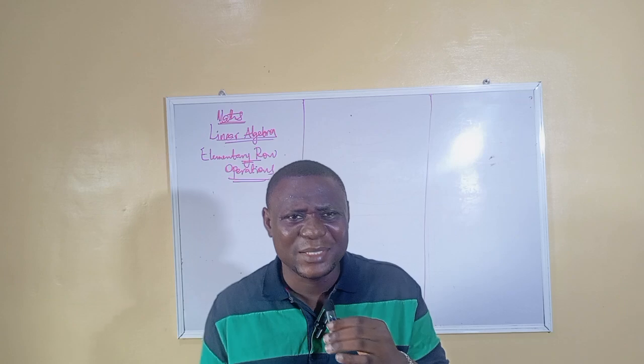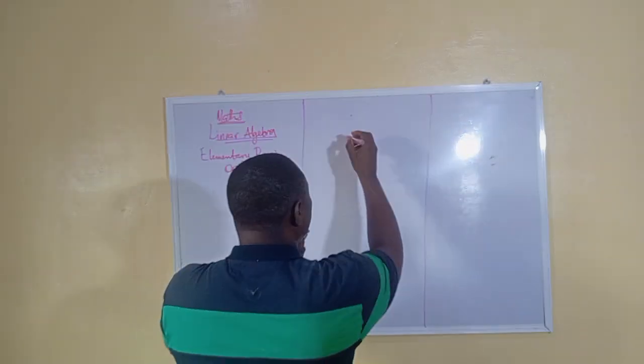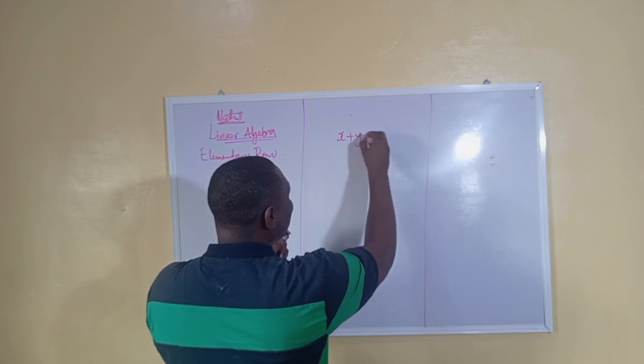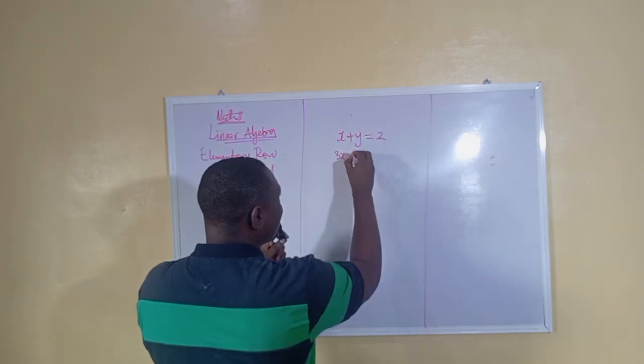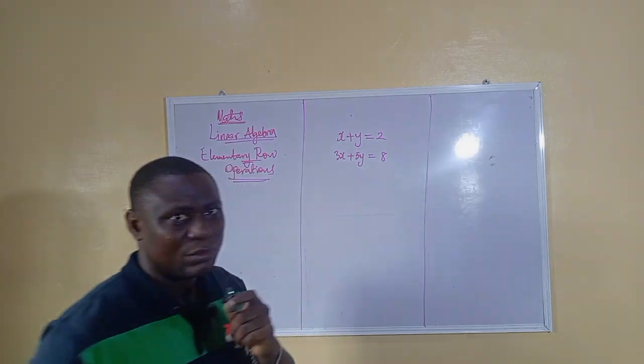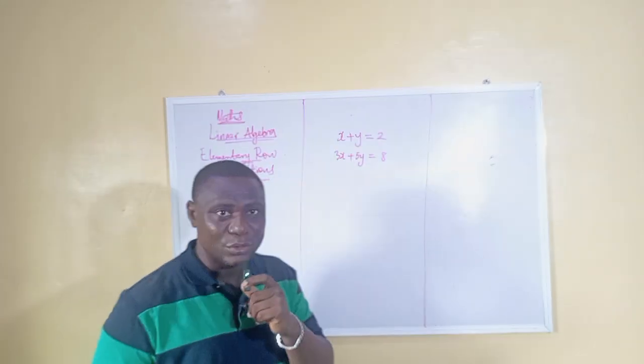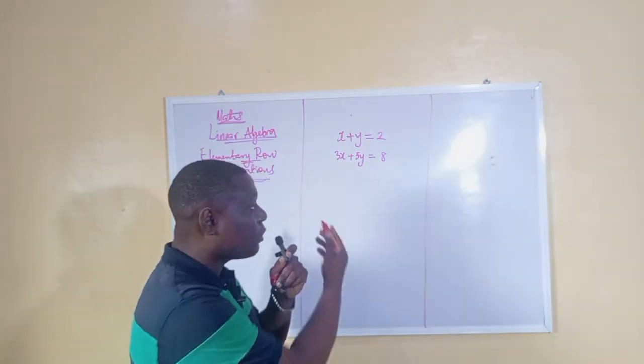When you have a system like x plus y equals 2, 3x plus 5y equals 8, any decent junior secondary school student should be able to solve this.